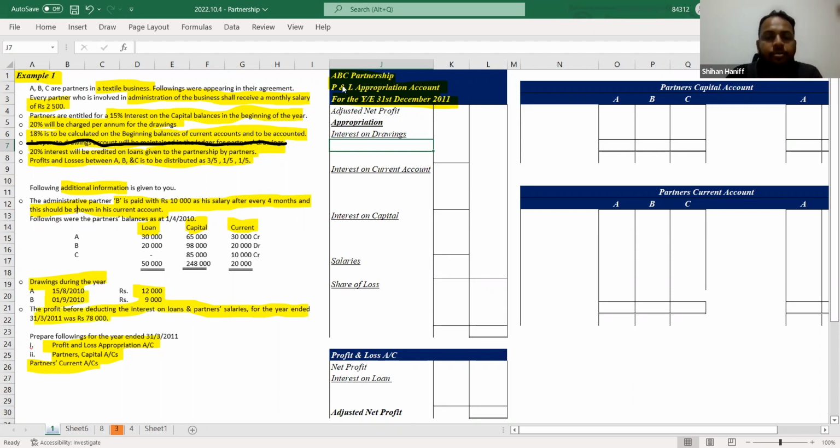Okay, so we need to draw a profit and loss appropriation account, current account, and capital account. Can you all draw the format?